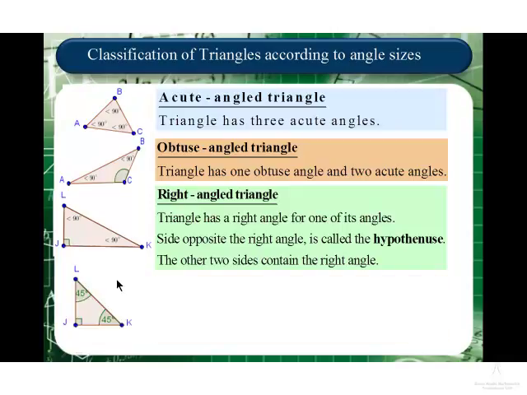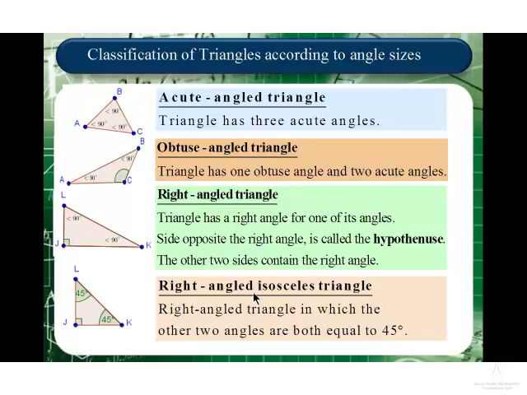Finally, let's consider once again the right-angled isosceles triangle. Now, of course, this is a right-angled triangle in which the other two angles are both equal to 45 degrees, as indicated on the screen. Both these angles being 45 degrees also defines this to be an isosceles triangle, as we saw on the previous slide.